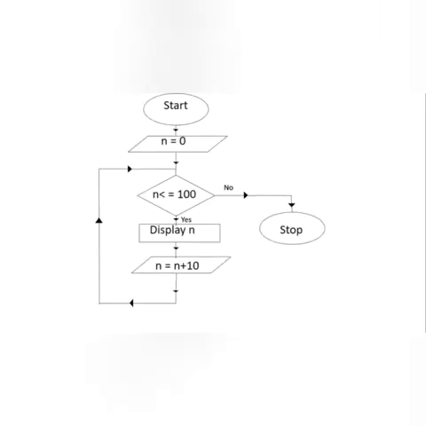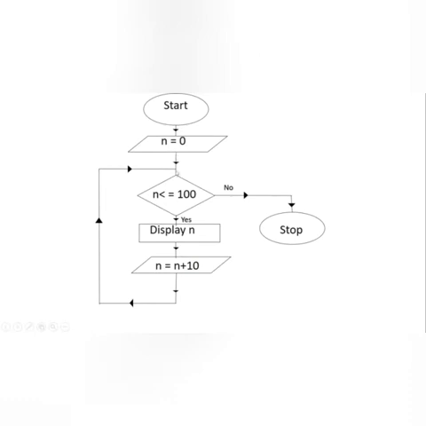Let's further discuss this flowchart right here. It begins with a start circle. The input is n equals 0. Since it's 0, there are no inputs available yet.